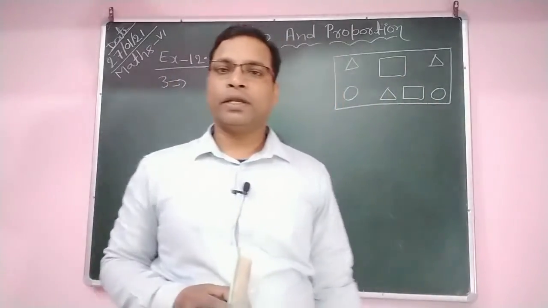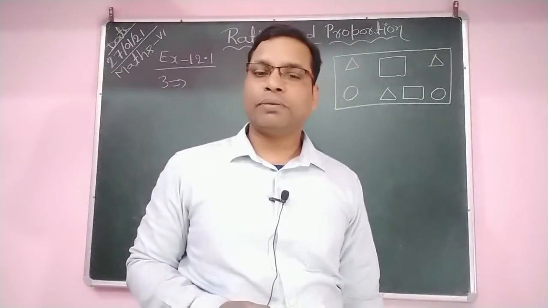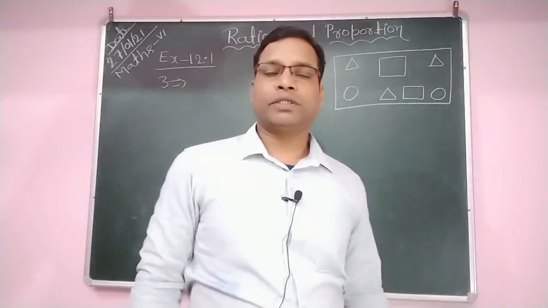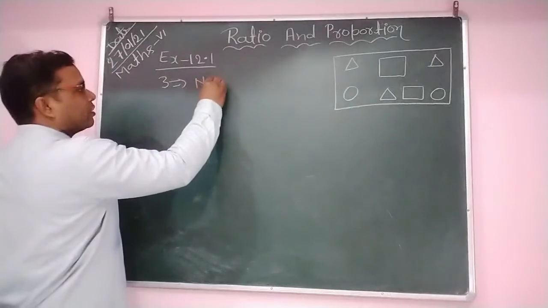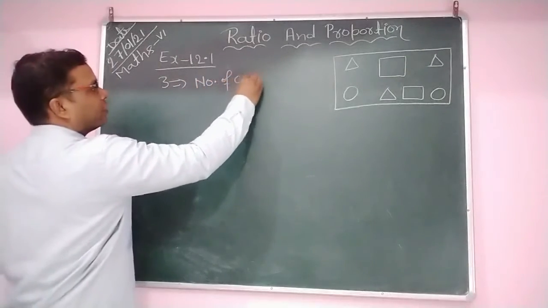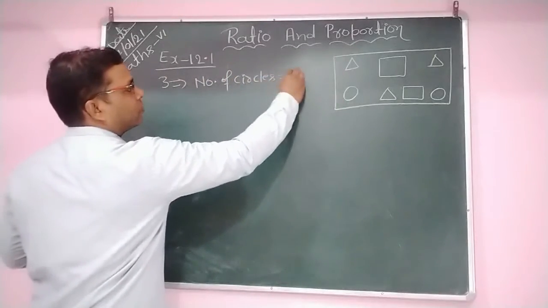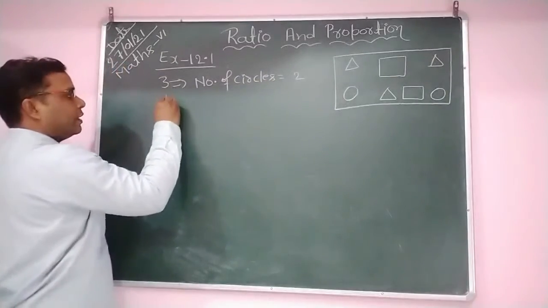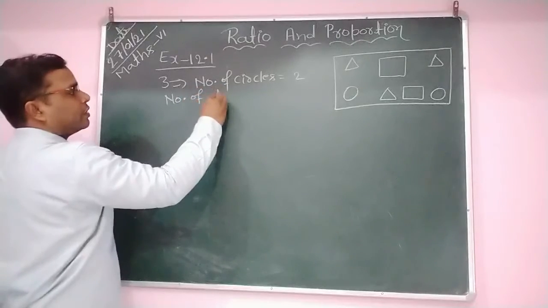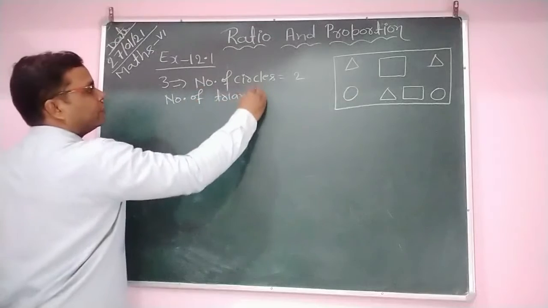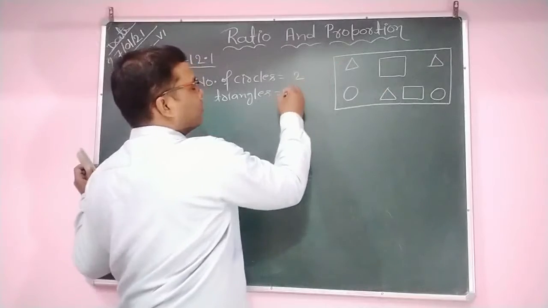This is given. First we find the ratio of the number of triangles to the number of circles. Let's see. Here you first write the number of circles. How many circles are inside the rectangle? You can say 2. Next, the number of triangles: 1, 2, 3. This is equal to 3.